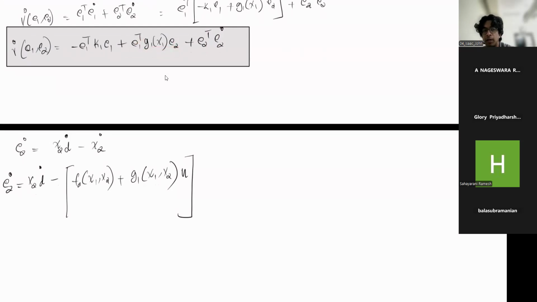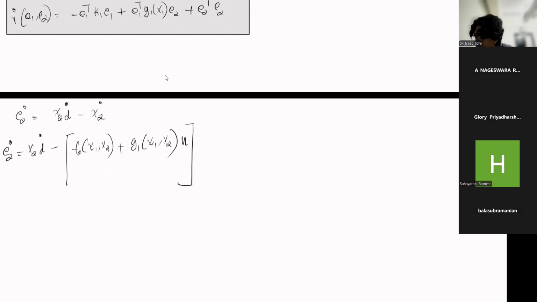If one is positive and one is negative, this term will be negative. So what we want to do is find the control input U so that if you substitute this E2 dot into this equation, this entire term will also be negative, just like the first term.